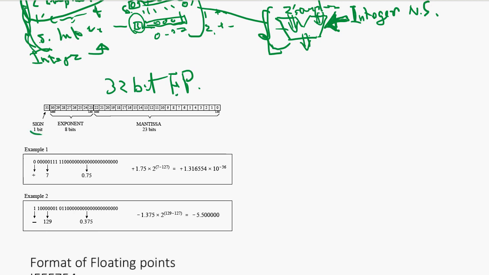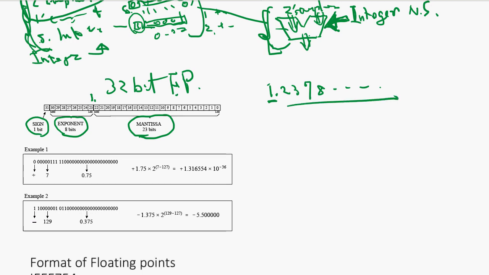The top bit is a sign, and there is an 8-bit exponent, and the mantissa is 23 bits. This is the detail part of the number, and this mantissa always has an implied 1. So this number is 1 point whatever the number is. This 1 is always added to the 2, 3, 7, 8, whatever.